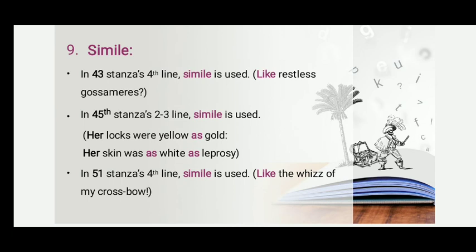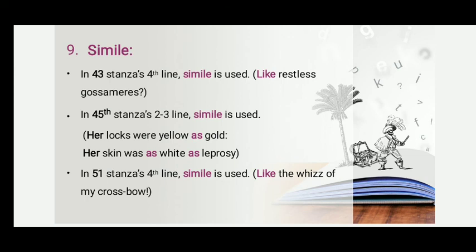The 10th literary device in the third part of this poem is simile. I already discussed simile in the first part of this poem. Here is only its use. Number first, in stanza 43, fourth line, simile is used as "like restless gossamers."